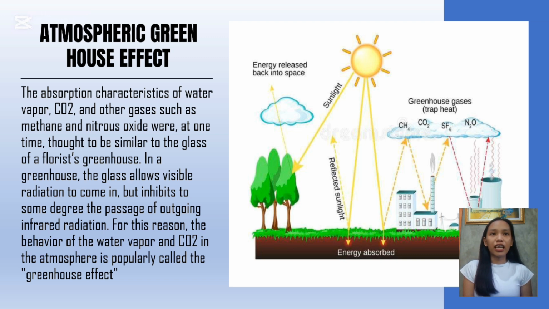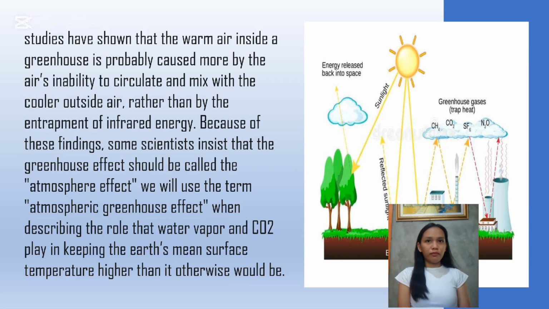This releases the heat back to the air. But some of the heat trapped by the gases in the atmosphere. These heat trapping gases are called the greenhouse gases, which is the carbon dioxide, water vapor, and the methane. So, the Earth needs a balance of greenhouse gases to maintain just right temperature for living things.